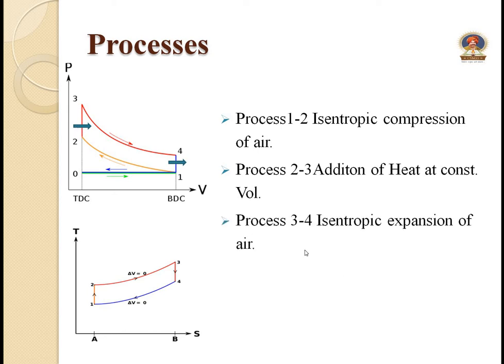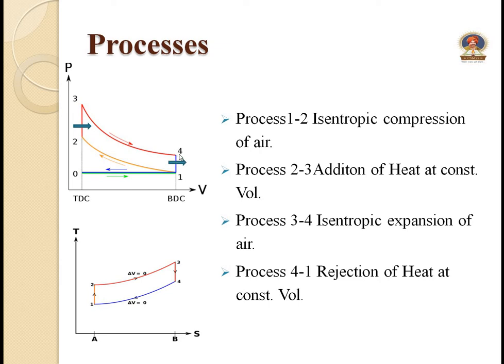In the third process, process 3 to 4, this is an isentropic expansion process in which volume goes on increasing, pressure goes on decreasing, and entropy remains constant. And the fourth process, process 4 to 1, is a heat rejection process at constant volume.